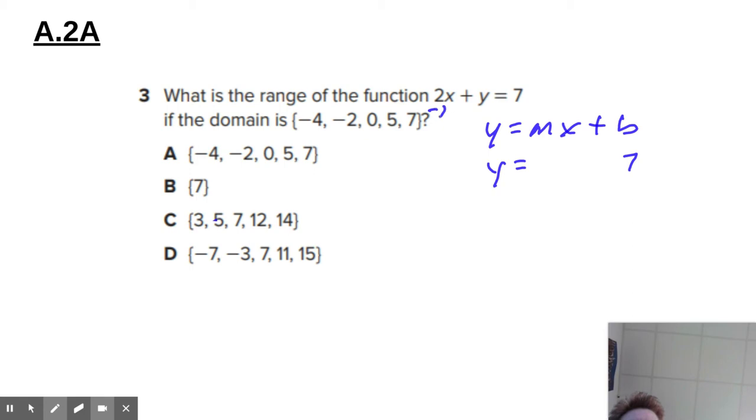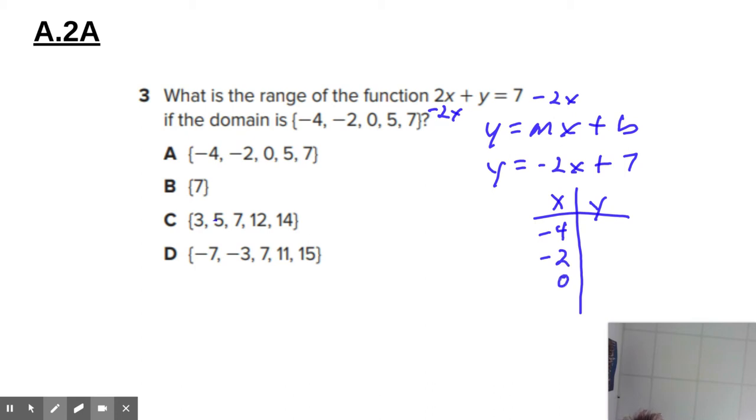But I need to move the 2x over. So therefore, we have negative 2x plus 7 is our function. And we know part of the table is going to be negative 4, negative 2, 0, 5, and 7. And we need to know when we have this input, what is our output going to be?